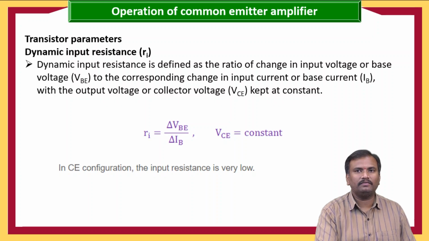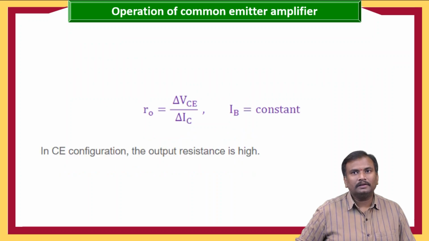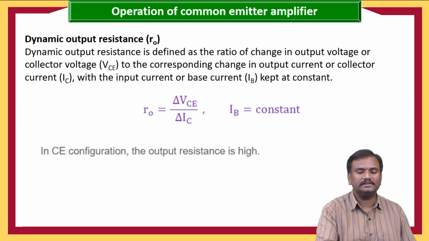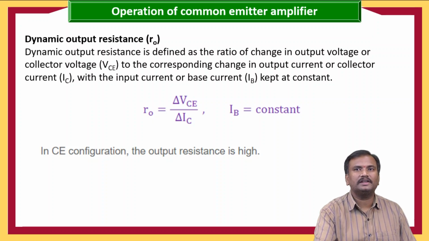And in this configuration, the input resistance is very low. And now we'll go with the dynamic output resistance, which is defined as the ratio of change in output voltage or collector voltage to the corresponding change in output current or collector current, with the input current or base current kept constant.